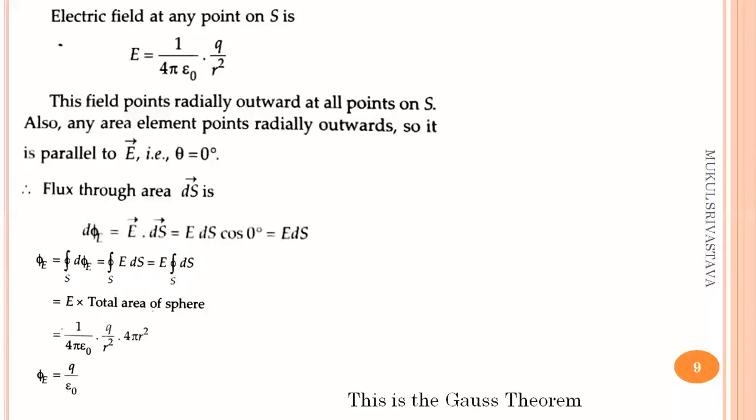In that case, E into 4 pi r square. Now we put the value of E, that is 1 upon 4 pi epsilon naught q upon r square, into 4 pi r square. R square cancels out and 4 pi also cancels out. In that case, we get the ratio q upon epsilon naught. And this is the Gauss theorem.